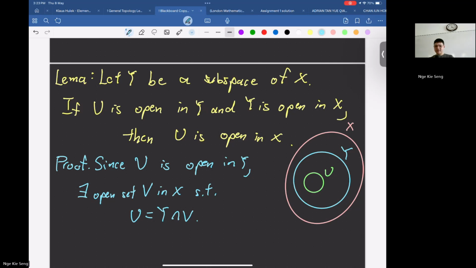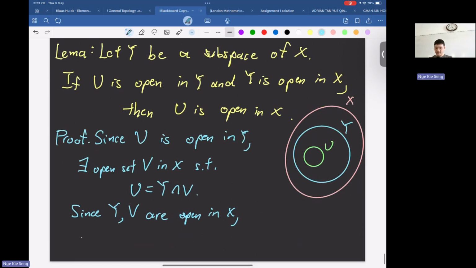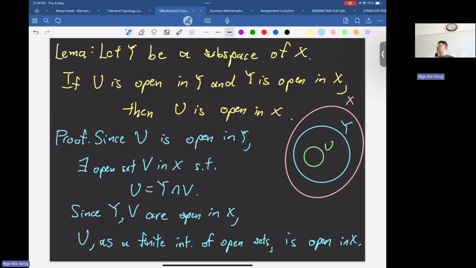Since Y and V are open in X, U as a finite intersection of open sets is open in X. Okay, very straightforward.